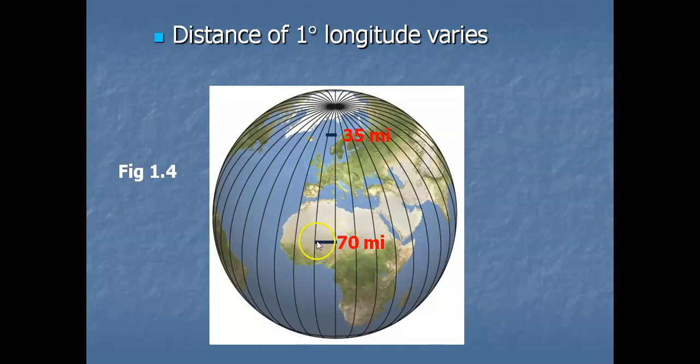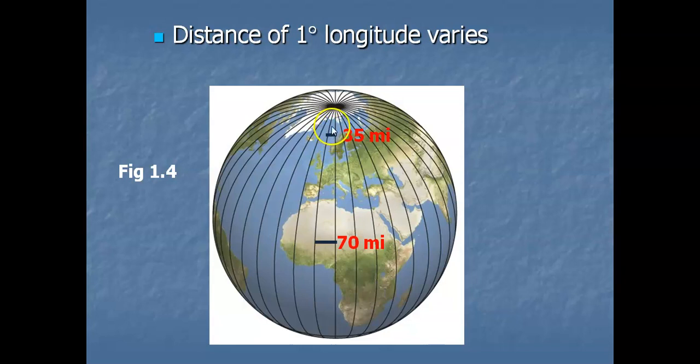At the equator, the spacing works out to be about 70 miles. By the time you get to the Arctic Circle or Antarctic Circle, since the lines are converging, the distance is cut in half, to about 35 miles.